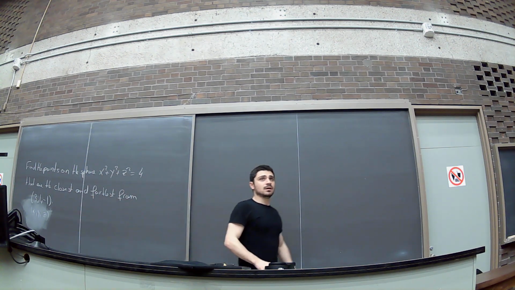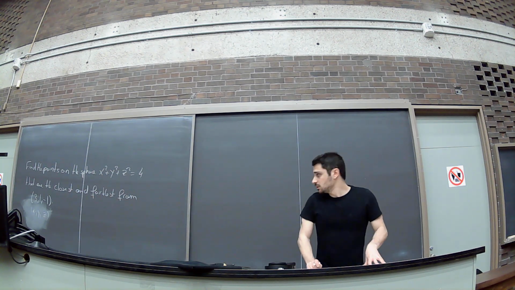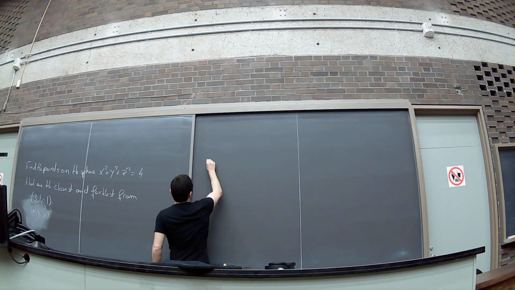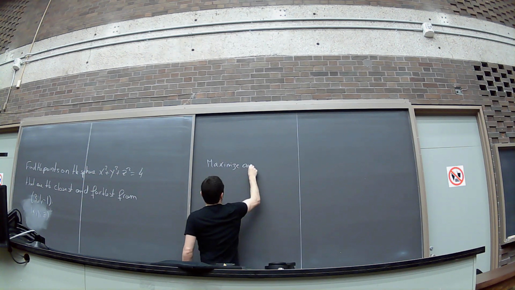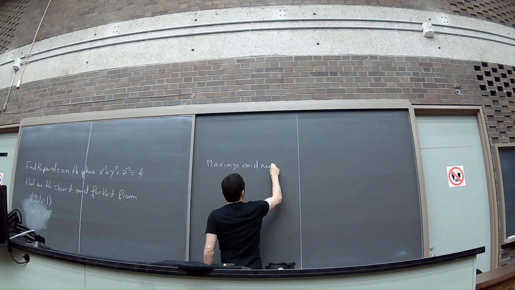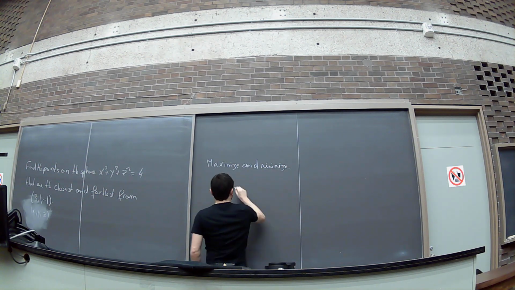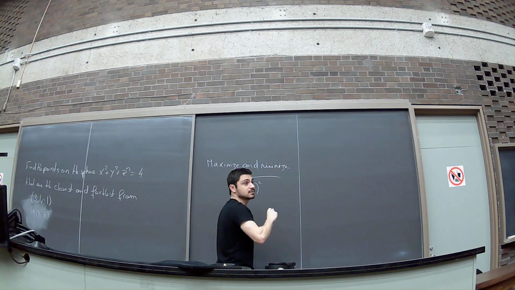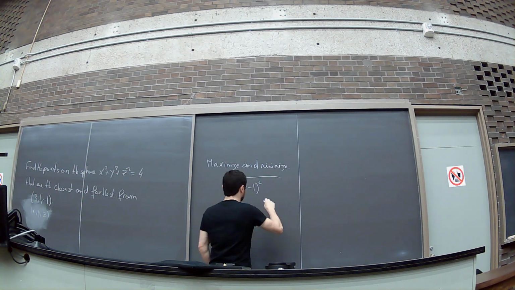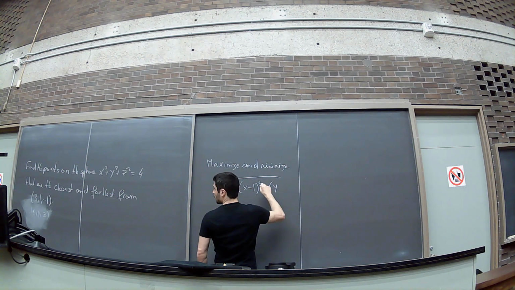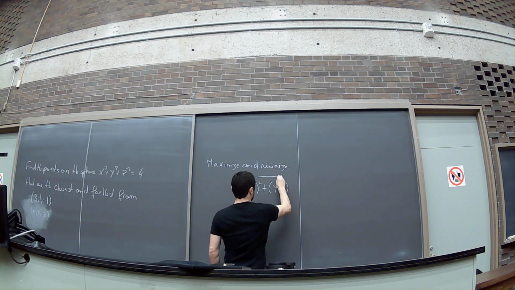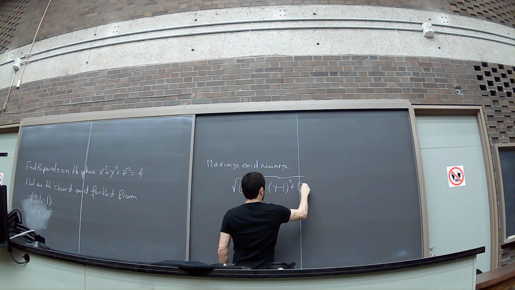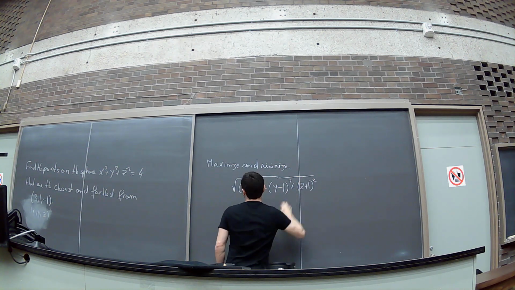We agree? Now I want to maximize and minimize this function, the square root of x minus 3 squared plus y minus 1 squared plus z plus 1 squared.